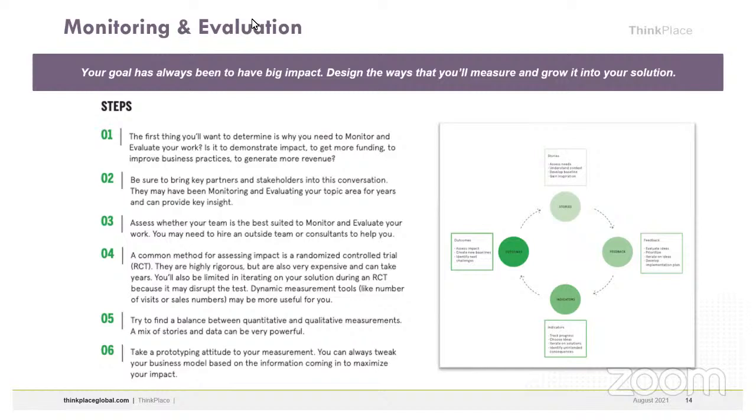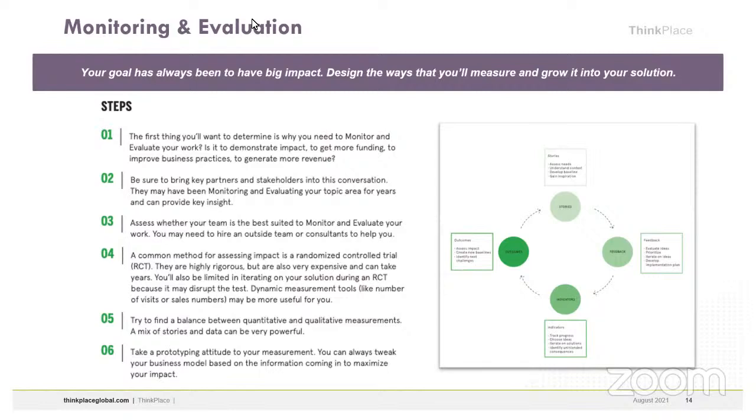Assess whether your team is best suited to monitor and evaluate. Sometimes you could be within a project and you don't have the expertise. That's why I keep asking you to schedule your plan, have a planner, so that when we are nearing monitoring and evaluation, you don't start getting anxiety at that point because you don't have such a person with that expertise.